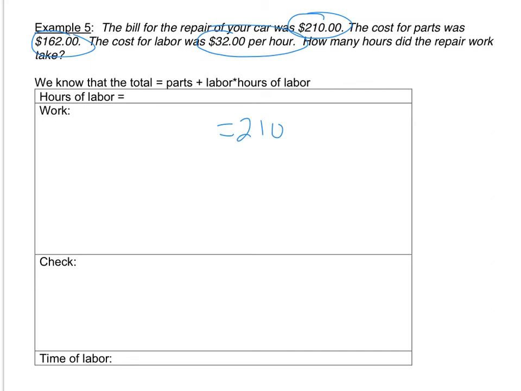So hours of labor is x. So we have 162 plus 32x equaled the total bill. Subtract the 162. $210 minus 162 is 48.